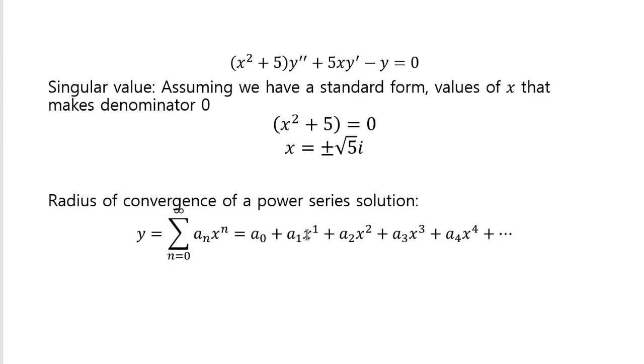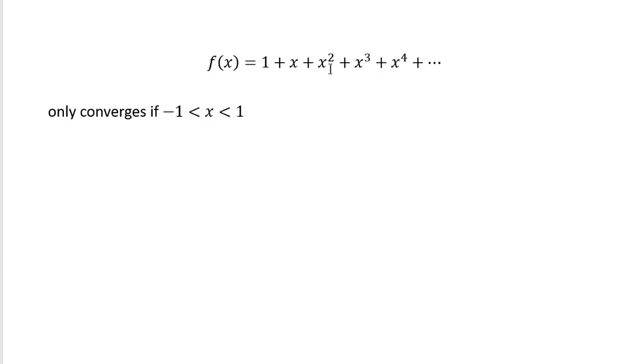If you have a value of x that's too big or too small, sometimes it will give you a nonsense value. As an easy example, say a0, a1, a2 are all ones. Of course, that's not going to solve this differential equation, but let's say you have such a power series, a very simple one: 1, x, x squared.